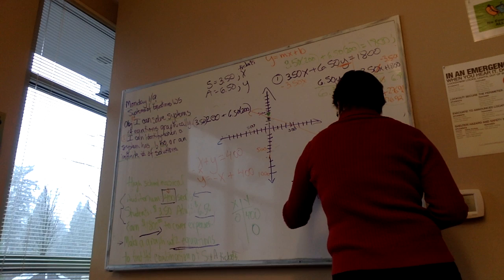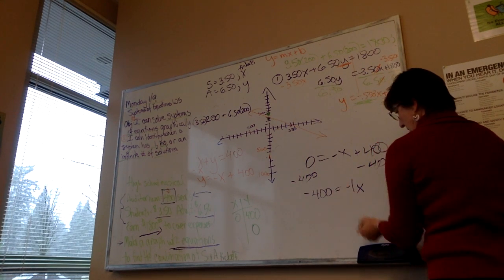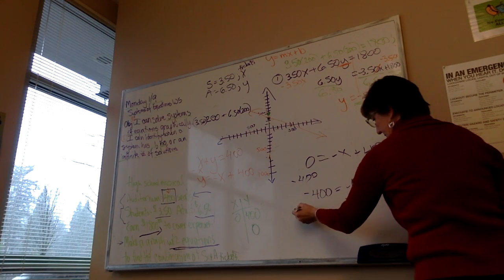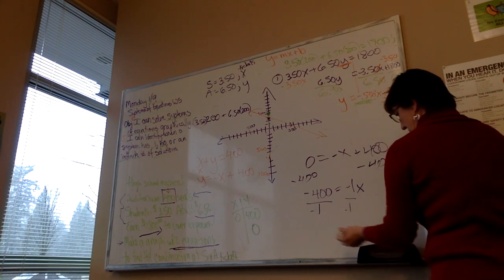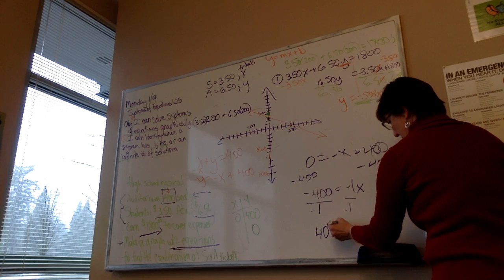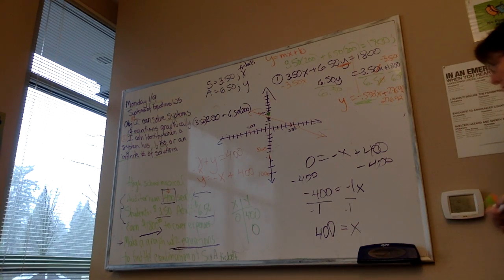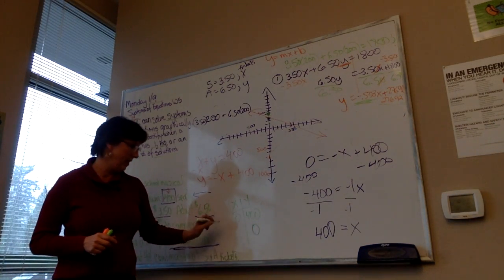Minus 400 is equal to negative 1x. I'm going to divide by negative 1. I end up with positive. So in this case, they're totally flip-flop. That does not normally happen.